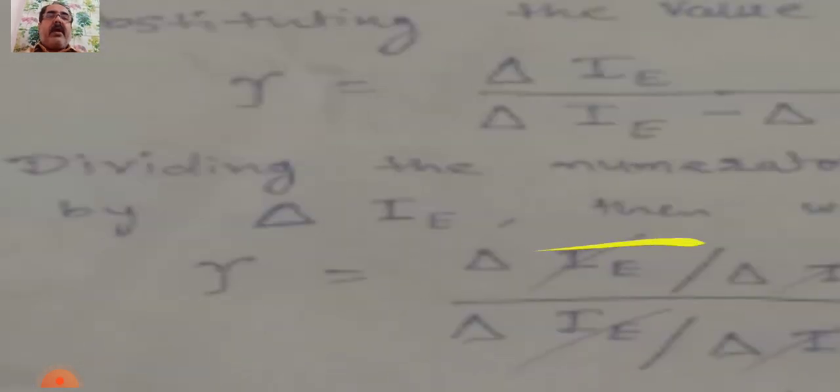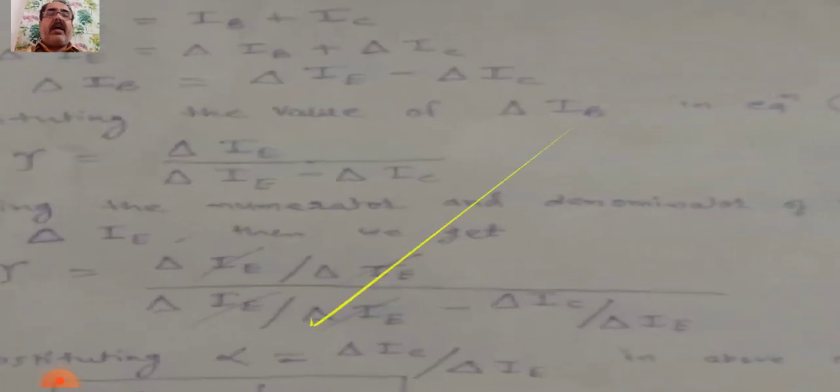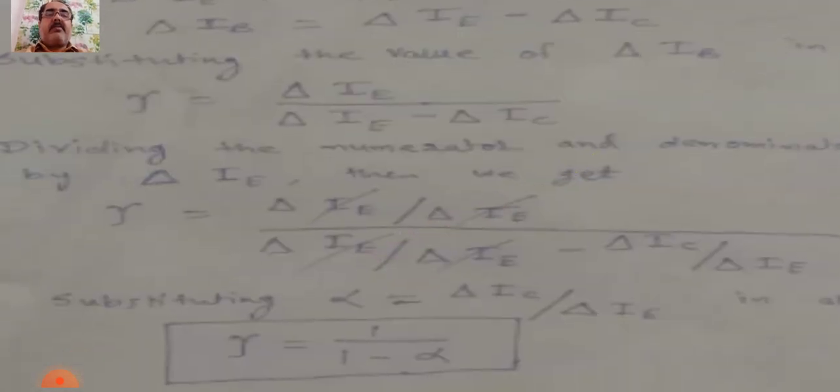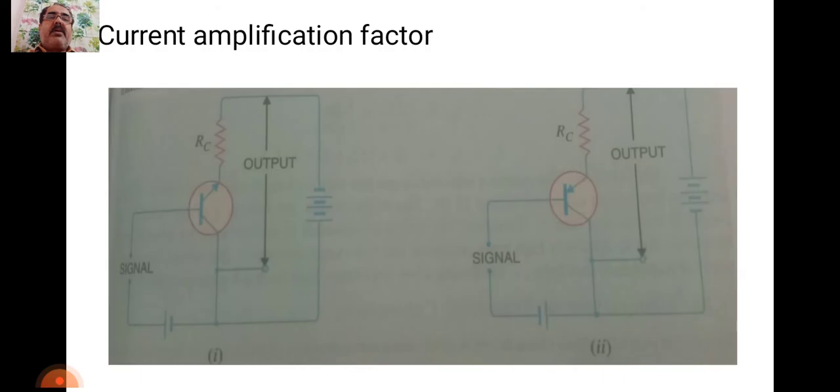Now dividing the numerator and denominator by delta IE, we get the current amplification factor is equal to delta IE divided by delta IE, which cancels and becomes 1, divided by delta IE upon delta IE, which cancels and becomes 1, minus delta IC upon delta IE.